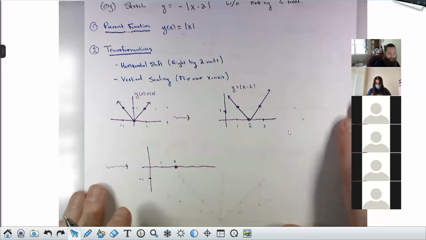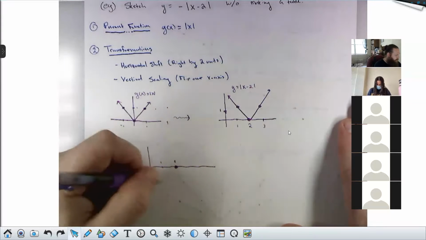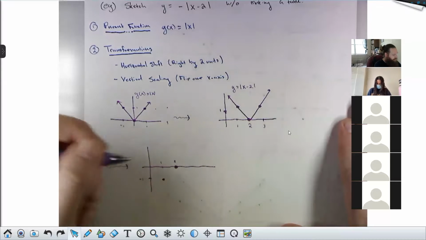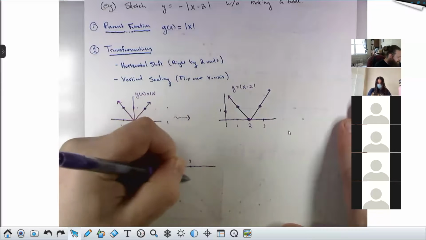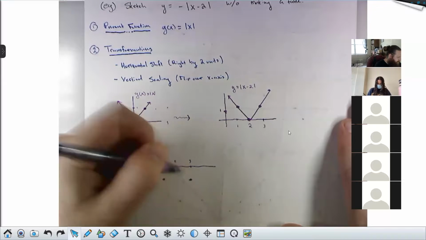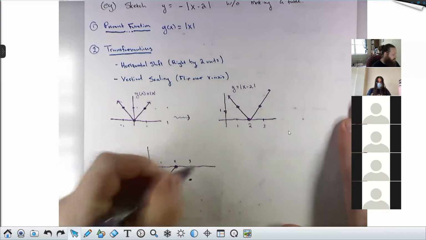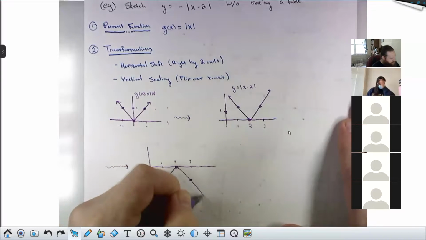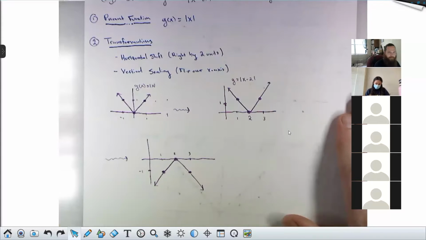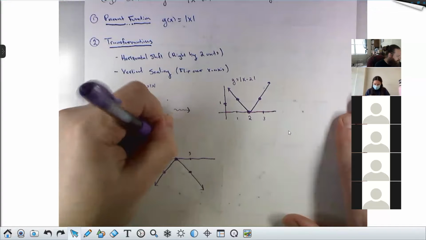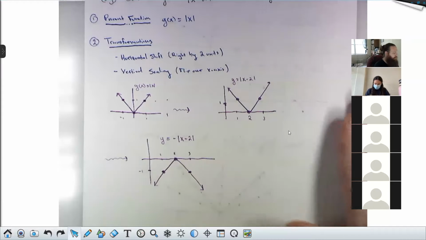The point (1, 1), when you flip it over, becomes (1, -1). And the point (3, 1), when you flip it over, becomes (3, -1). So here is your final graph. This is the graph we wanted. This is y equals negative absolute value of x minus 2.